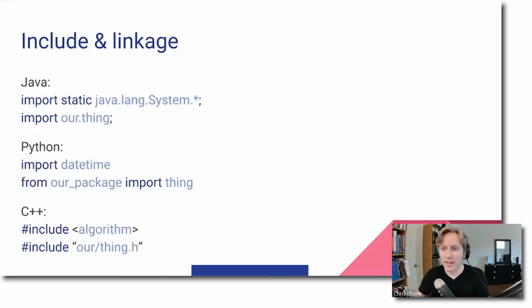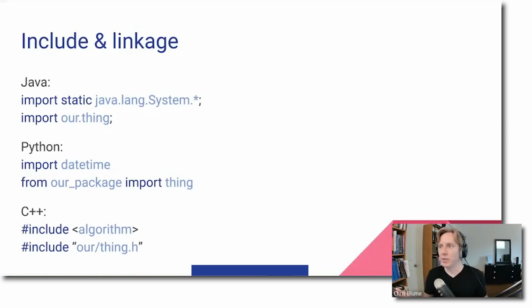So include and linkage. I have pairs here. You can see at the bottom, the C++ section, the first include uses angle brackets, and then the second include uses quotes. If you include with angle brackets, that's more like you're trying to fetch a file from some library that you downloaded.